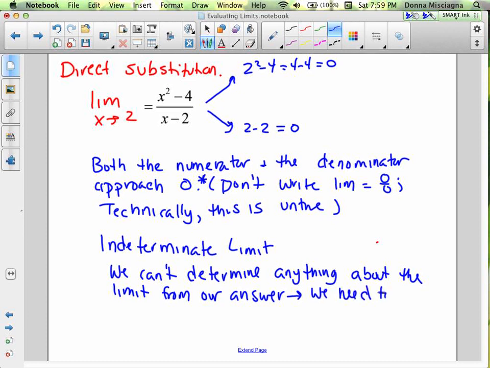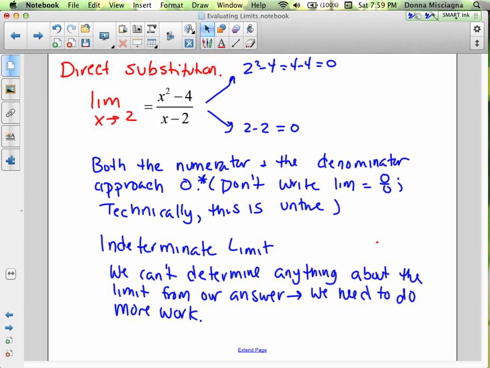We need to do more work. We have an answer that we can't know anything about. Can't determine a single thing about this limit.